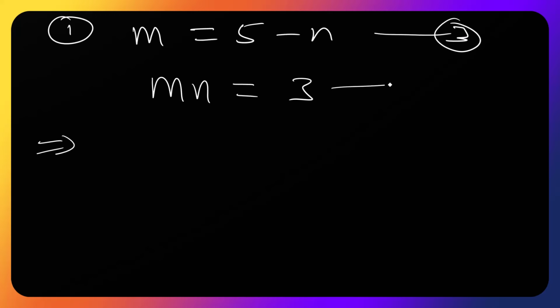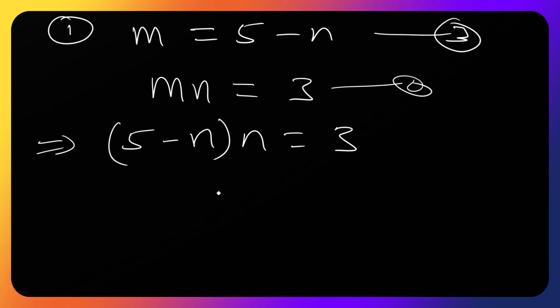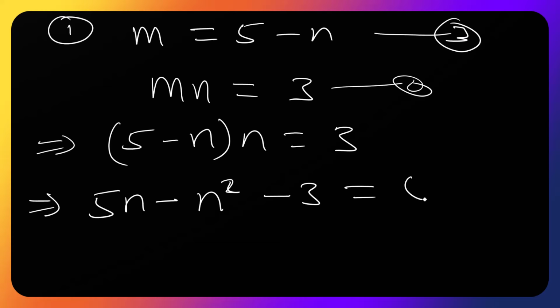So this is equation 2. So m here will be (5 minus n) times n equals 3. So we have 5n minus n squared minus 3 equals 0.